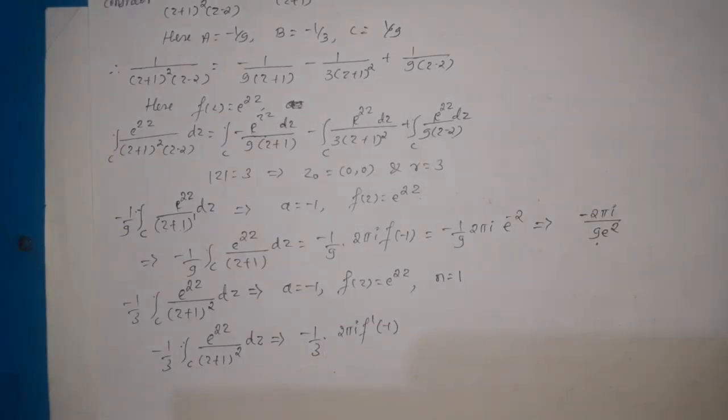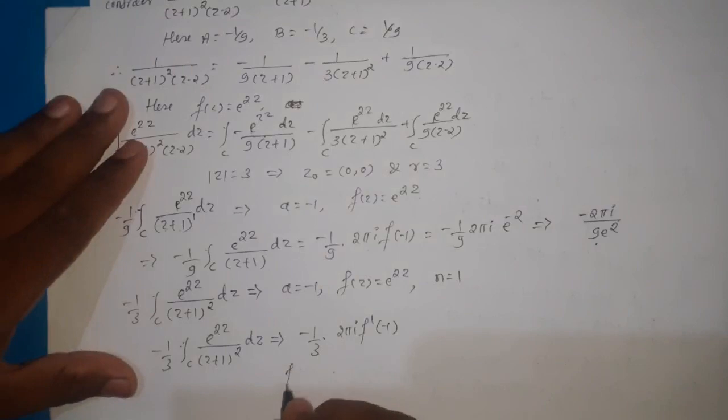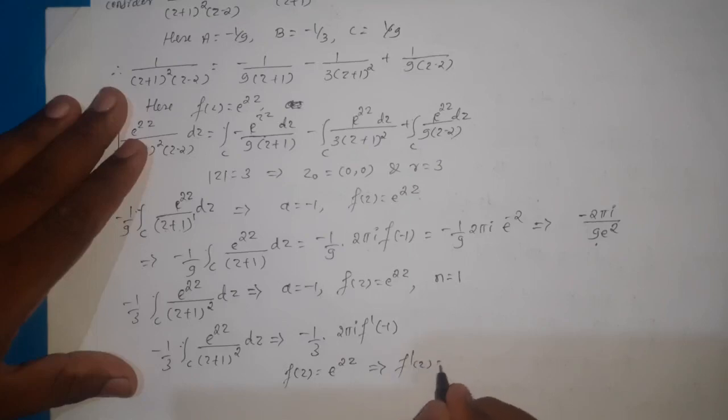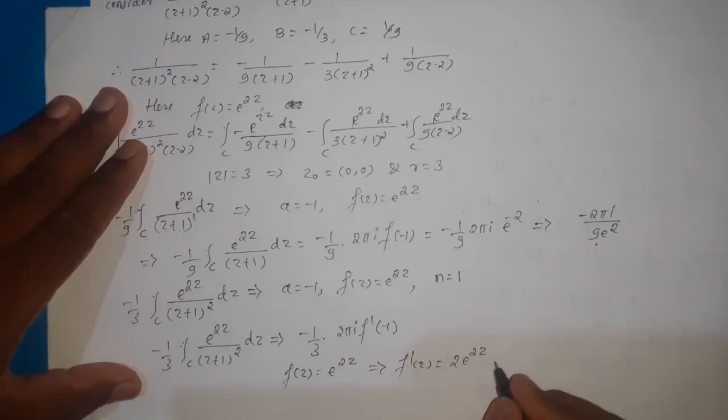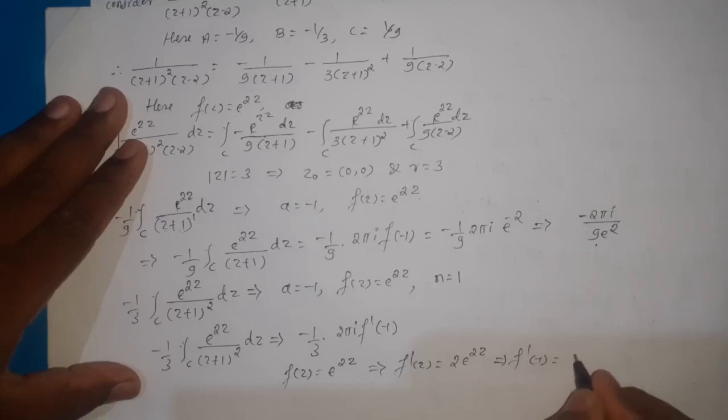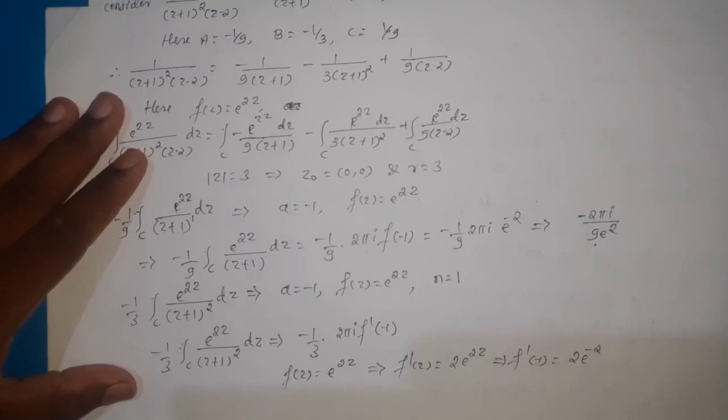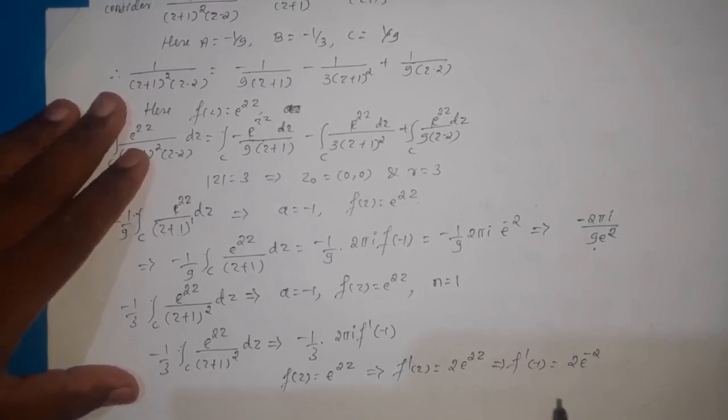Here we know that f of z equals e power 2z, this implies f dash of z equals 2 into e power 2z, then f dash of minus 1 equals 2 into e power minus 2. So that is the value of f dash of minus 1.